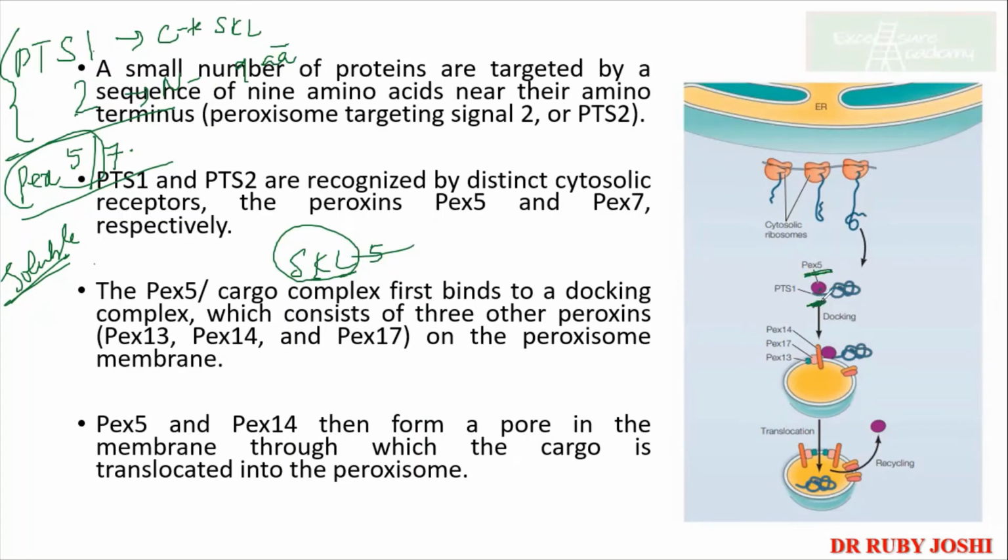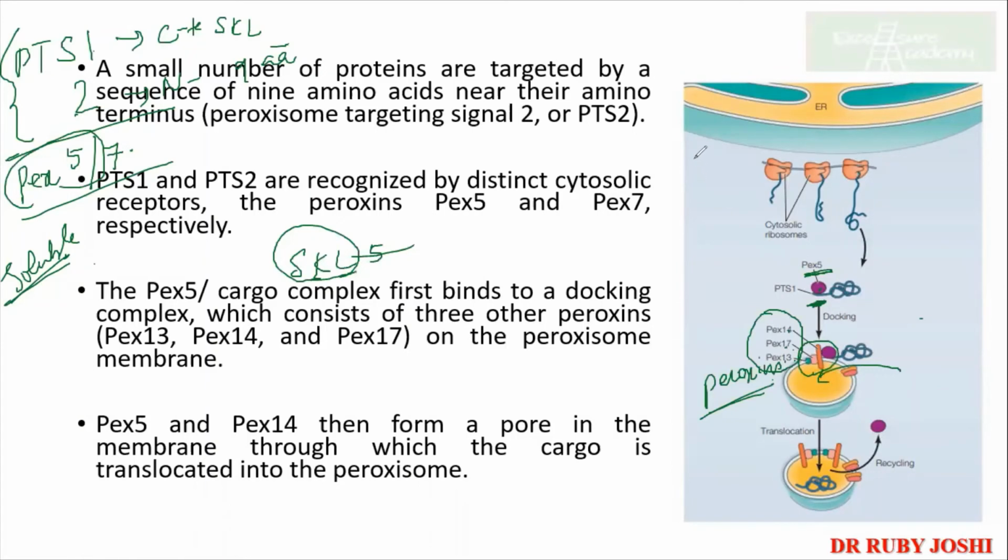Now this will be recruited to PEX14, 17, 13. What are these? These are your peroxins. In the last slide we talked about how vesicles will be formed from the endoplasmic peroxisomal ER. So these peroxins will be present over there, out of which 14, 17, 13 are responsible for the import of the protein from the cytoplasm to the inside of the peroxisome.